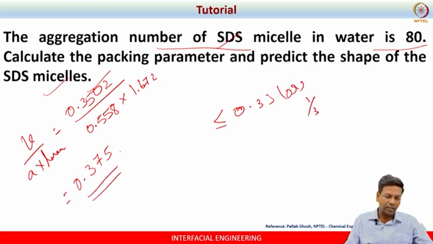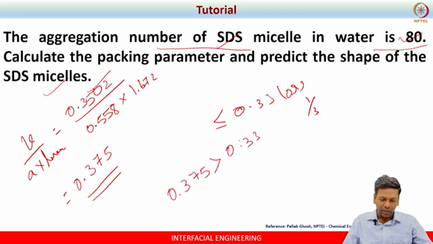But the value of the packing parameter that we calculated, based on the aggregation number and the Tanford equation, is 0.375, which is a little more than 0.33. Hence we can say that the shape of the micelle will be somewhat non-spherical to some extent. So it will not be perfectly spherical.